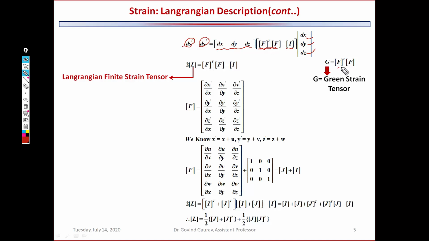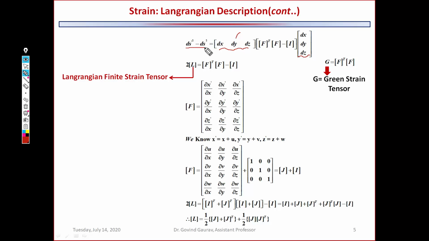It is represented by the letter G, and this tensor is known as the Green strain tensor. Keep this in mind: f transpose f is given by the letter G, and that G is known as the Green strain tensor. Now if we take these two values to the LHS, again what is this value? This value is ds square.